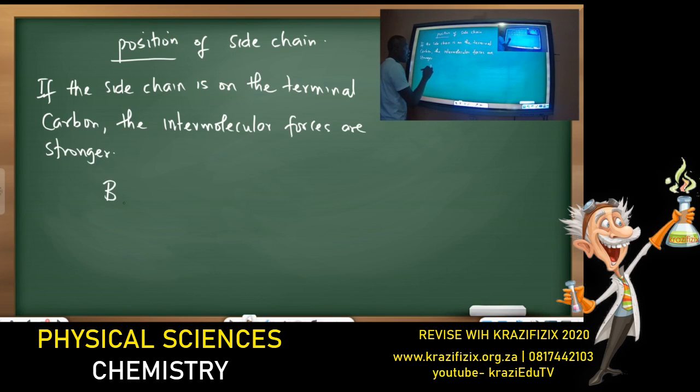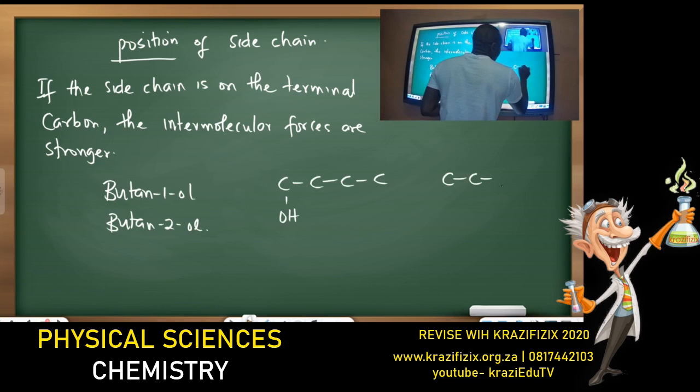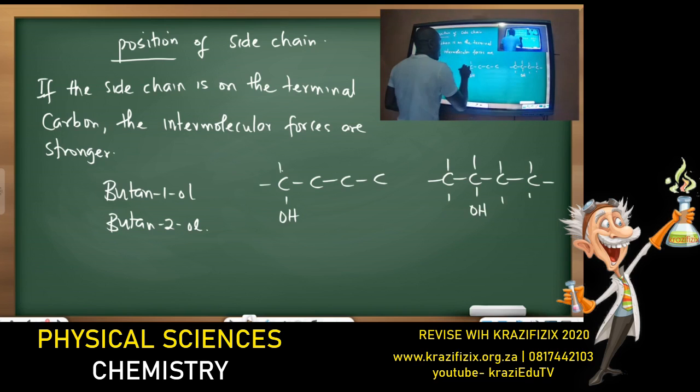For example, if you look at butan-1-ol and butan-2-ol, let's just quickly draw that. I have that, and I have this. Now, this is butan-1-ol.